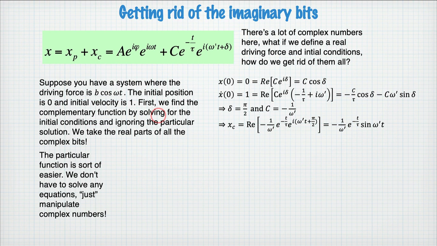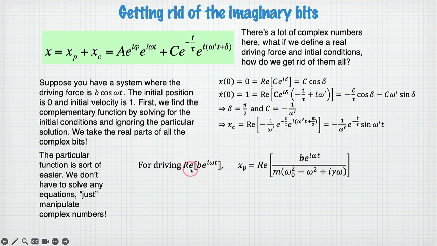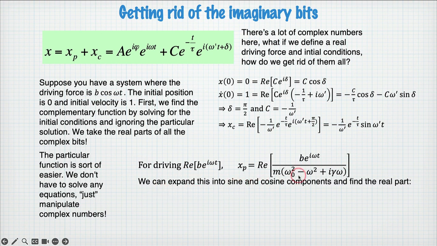What we're going to do now, though, is explicitly calculate the real part of the solution that we found. So we were driving with the real part of b e to the i omega t, our force here is b, and this bit in the brackets here was the solution we found, and now we're going to find the real part of this, which will give us the real valued function for our real valued driving force. Now we'll expand the complex exponential into its sine and cosine components, and then find the real part.